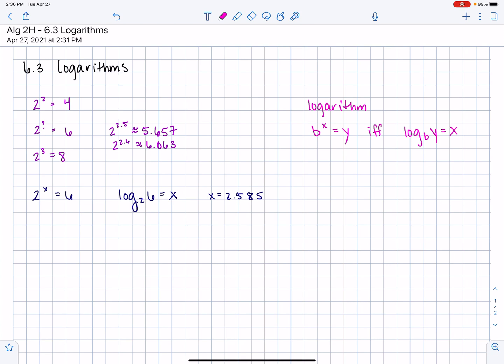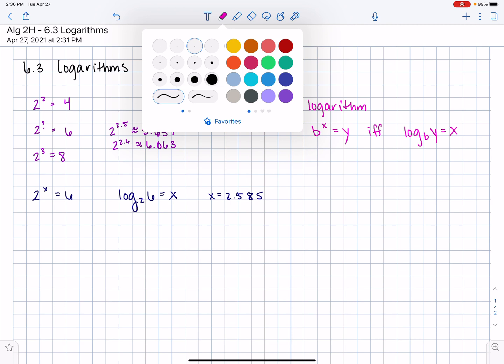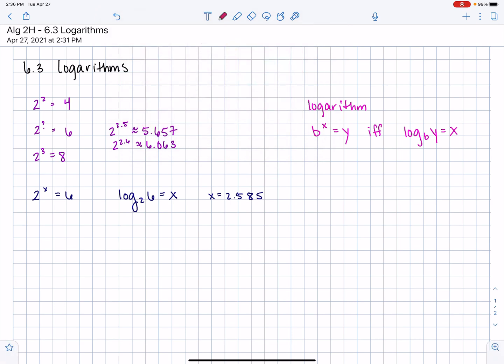And I also like to put it in this other form to help you out. Switch to a different color pink here. So we talk about our base to our exponent is equal to our answer. And if we change that into logarithm form, we keep the same base.